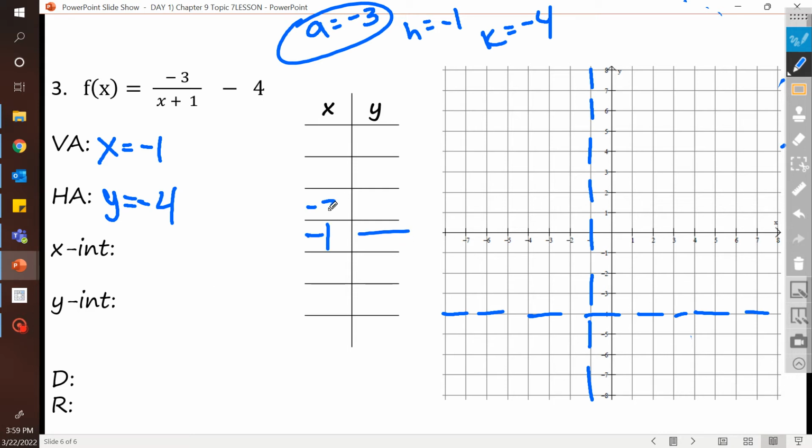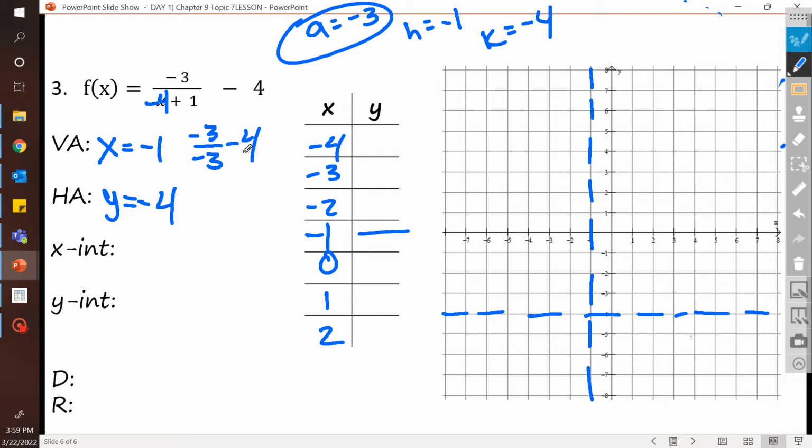So to the left, -2, -3, and -4. To the right, 0, 1, and 2. And we'll plug these into the equation here to see what they evaluate to. So I'll start by plugging in -4. That's -3 over -3, right? Minus 4.